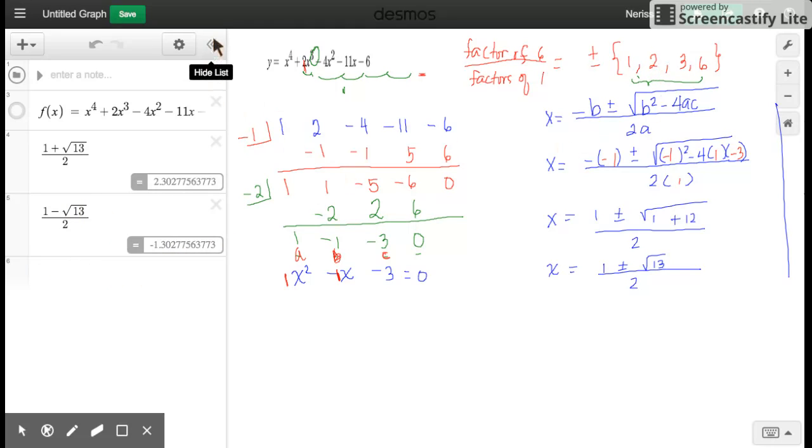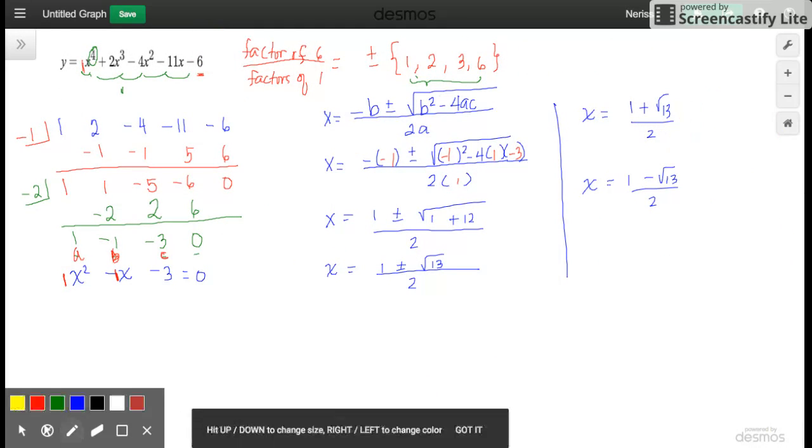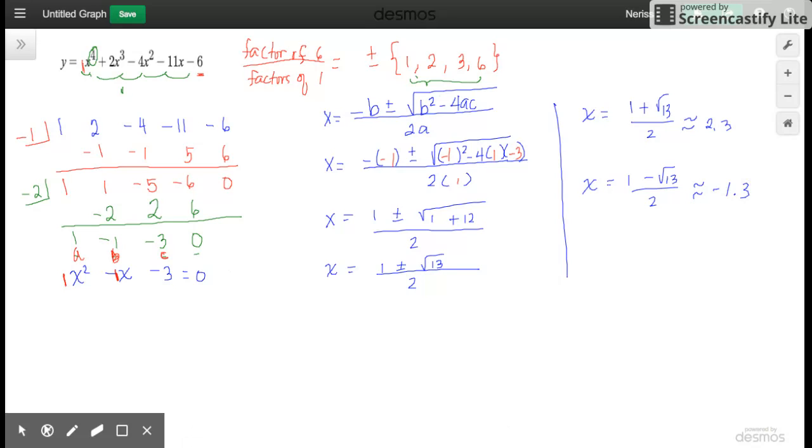So let's put it here. This is about 2.3, and this is about negative 1.3. So now let's see if we got this right.